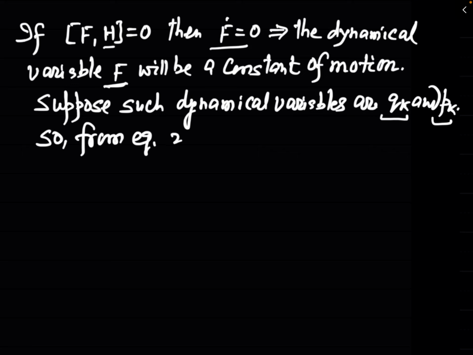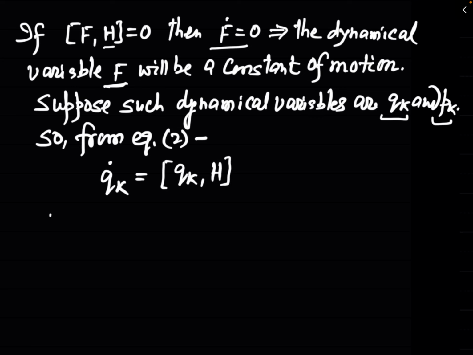From equation 2 you can write qk dot, instead of f dot, and as it is equal to the Poisson bracket of f and h, instead of f we will write qk and h.